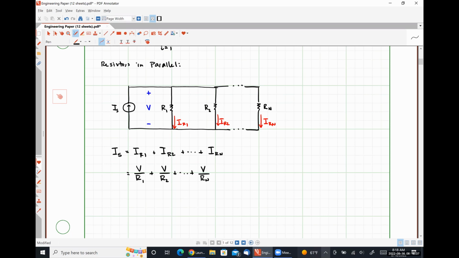I'm now going to factor out that V. And so we'll have V multiplied by 1 over R1 plus 1 over R2 all the way out to 1 over Rn.